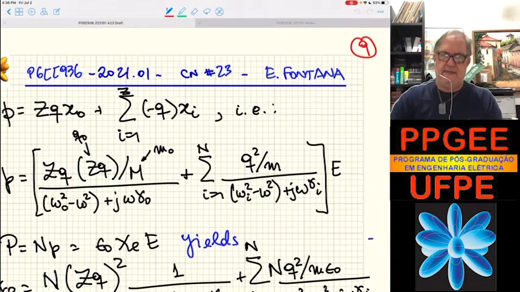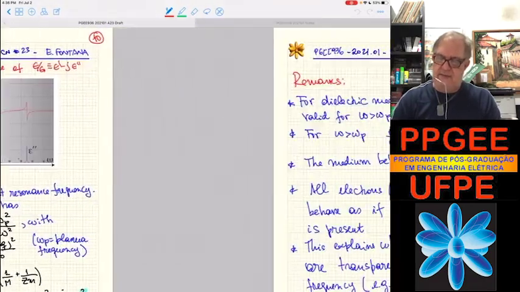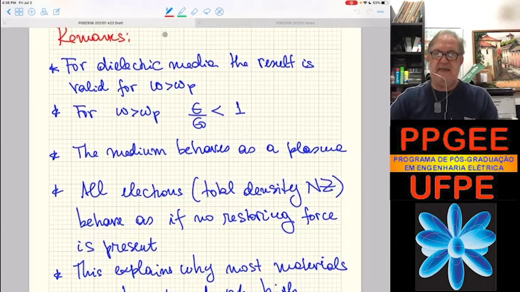So what happens in this high frequency regime? We talk about the dielectric, the insulator. The result is only valid for omega larger than omega p, which we're talking about. The medium behaves as a plasma, right?